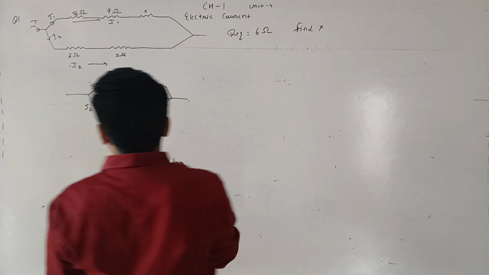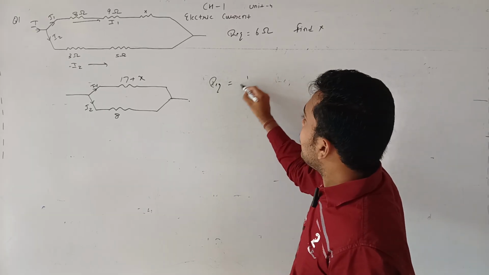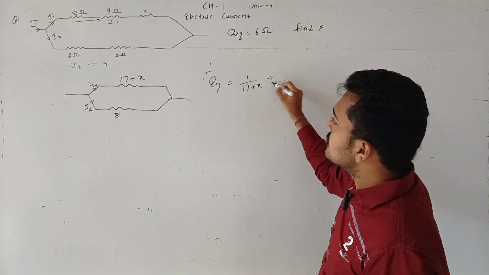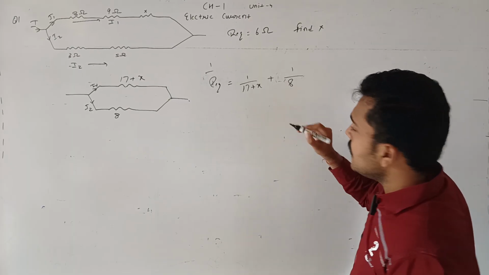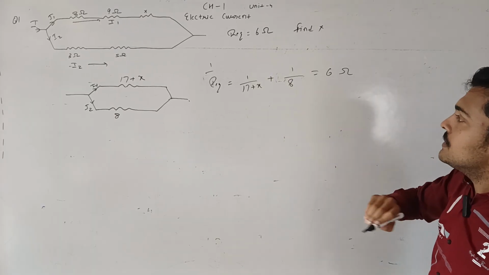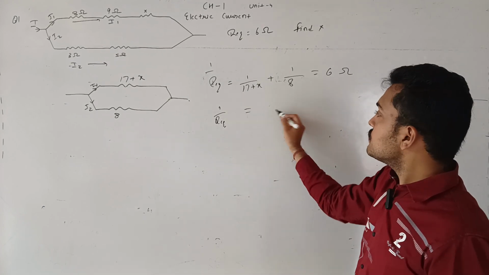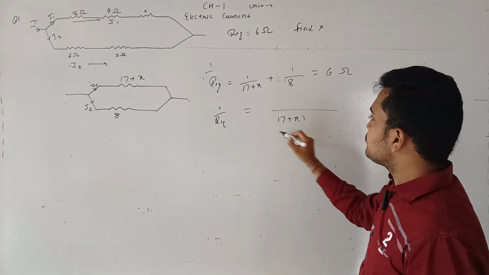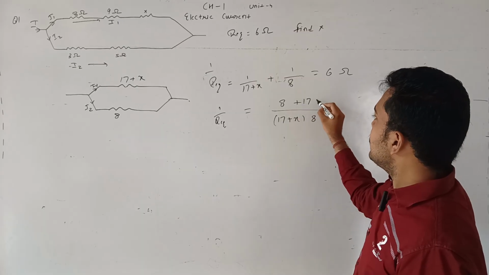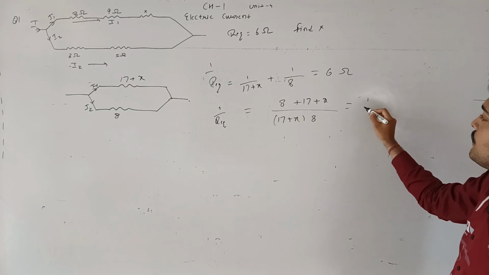Since these two are in parallel, 1 by R equivalent will be 1 by (17 plus X) plus 1 by 8, and R equivalent is given as 6 ohm. Taking the LCM, 1 by R equivalent is equal to (8 plus 17 plus X) divided by (17 plus X) into 8, and that is 1 by 6.